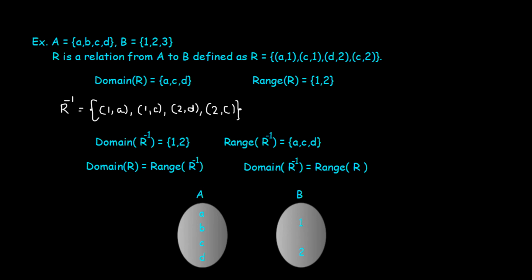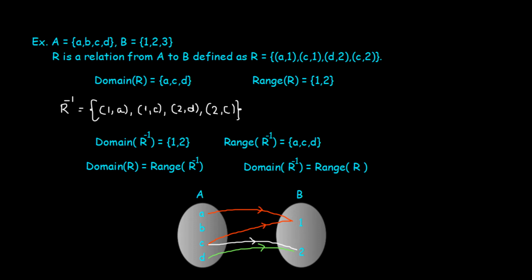We have the relation R going from A to B. So when we choose the element a from set A, this corresponds to the element 1 in set B. When we choose the element c in set A, that corresponds to the element 1 in set B. When we choose the element d in set A, that corresponds to 2 in set B, and the element c in set A corresponds to 2 in set B. So this is a relation going from A to B.